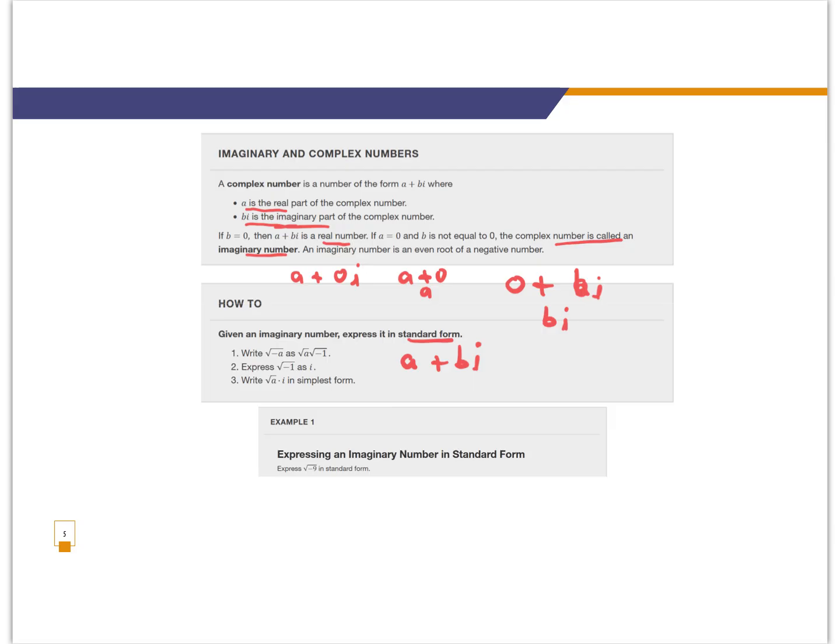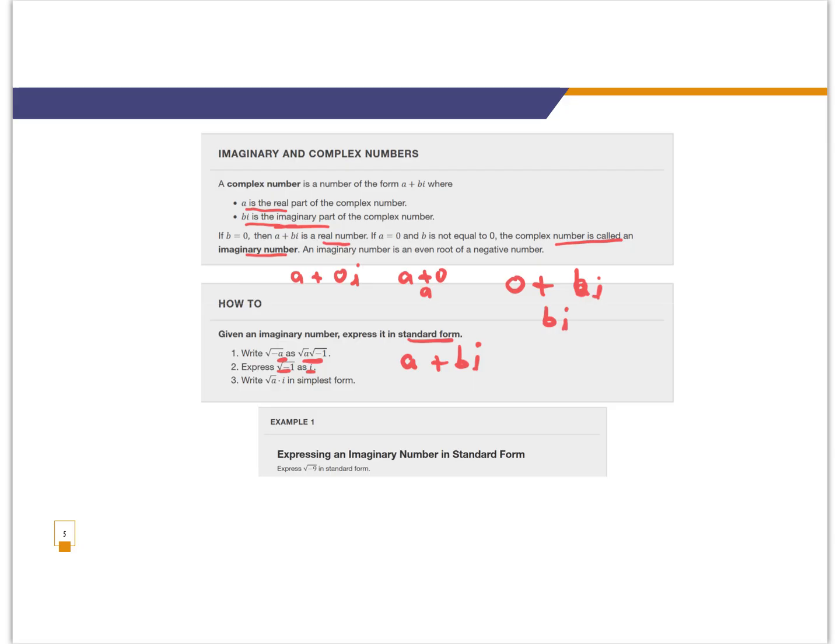So the secret is every time you see the square root of a negative number, think of it as the square root of that number times the square root of negative 1. That way, by definition, the square root of negative 1 is i. So then I can write the square root of a times i.